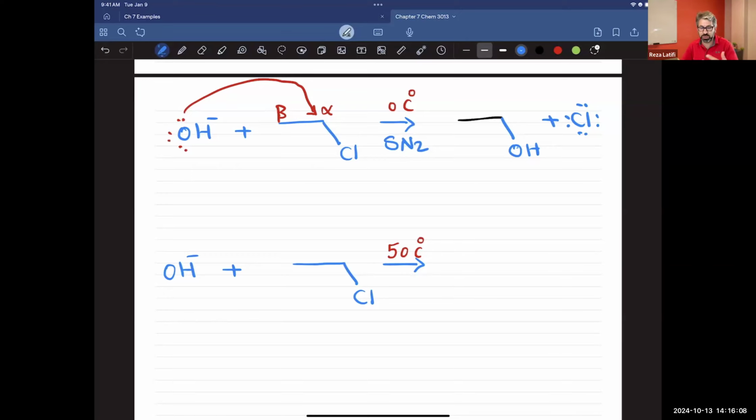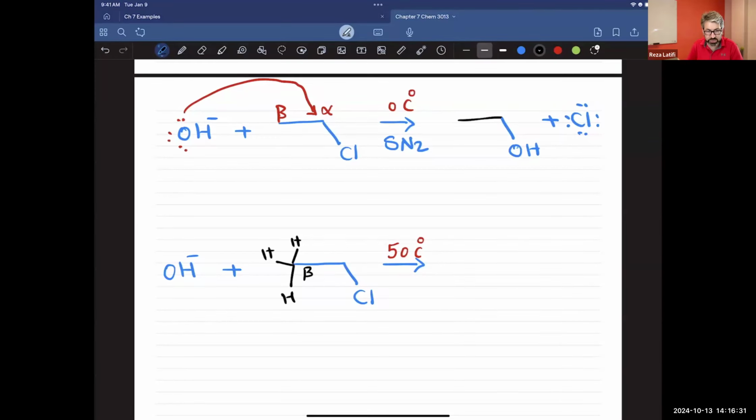Let's say we increase it to 50 or 100 degrees Celsius. In that case, you will be dealing with maybe an elimination reaction. Why? Because you have a beta carbon that does have hydrogen attached to it.